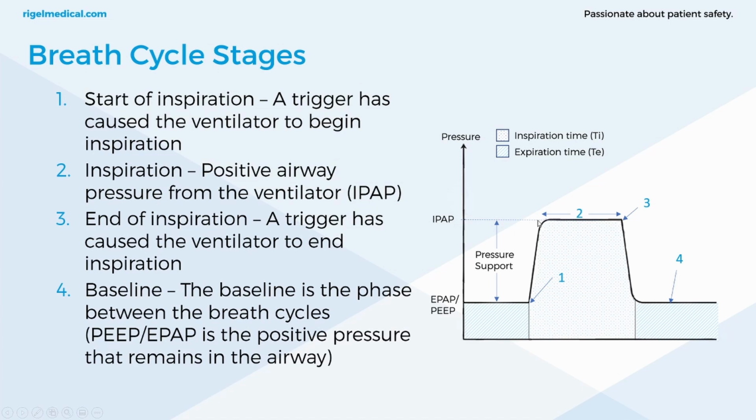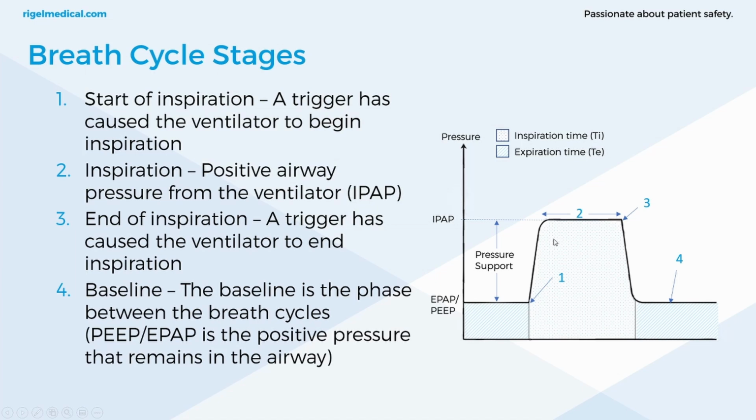Then we've got the end of inspiration. A trigger has caused the ventilator to end inspiration and start expiration. Again, there are a few variables that can trigger the cycle to end. The most common type in ventilation is tidal volume.